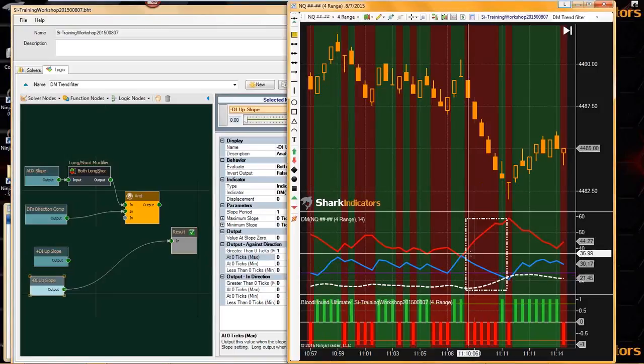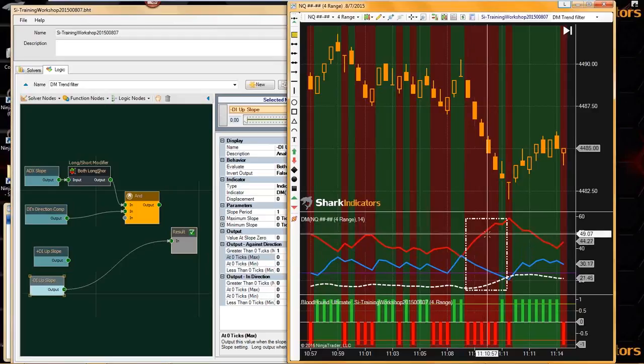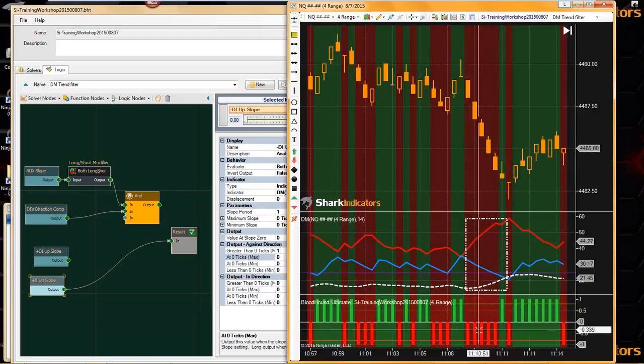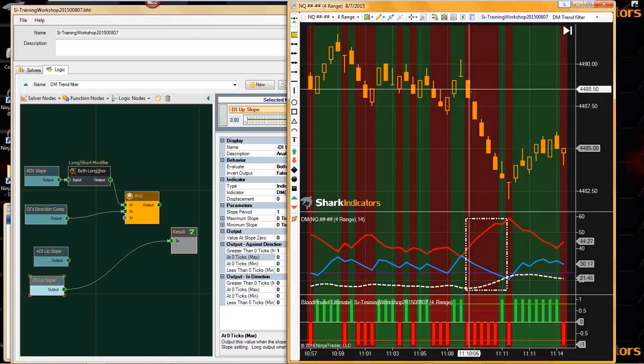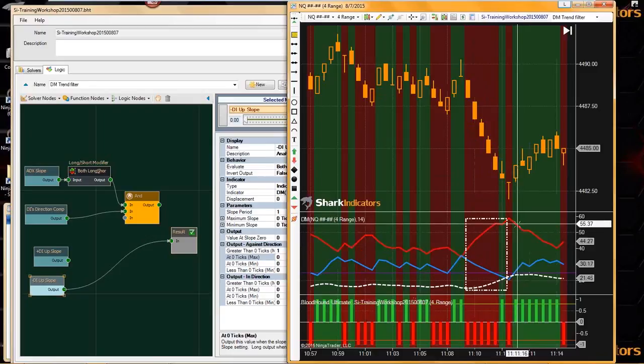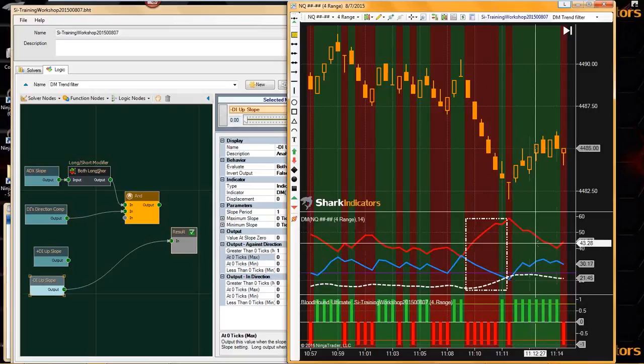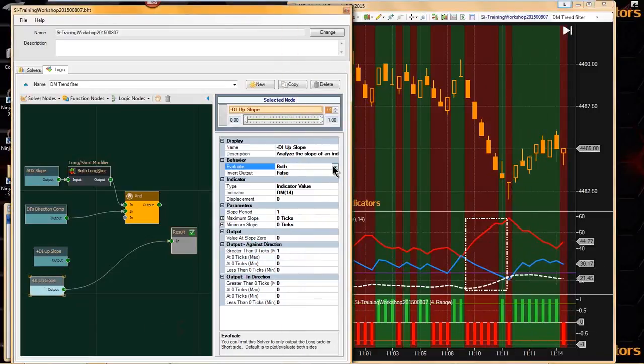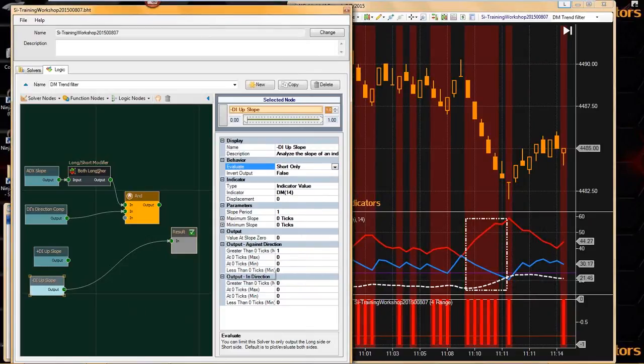So now when our red line is sloping up, we're getting a short output, and that's what we want, the short output to identify this downtrend. And we're not interested when the DI minus is sloping down, right? So we don't want this short output. So let's set our evaluate to short only, like so. There we go. All right.